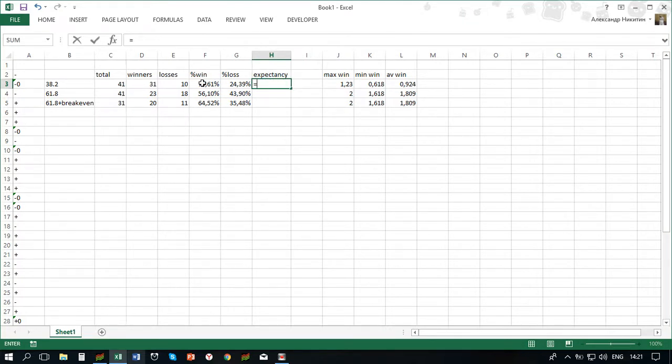Expectancy is percent of win multiplied by your average win minus percent of loss multiplied by your average loss. Well, if we calculate our average loss as 1 and our average win as 0.92 of that 1, it should be 1, be it a percent, be it whatever.